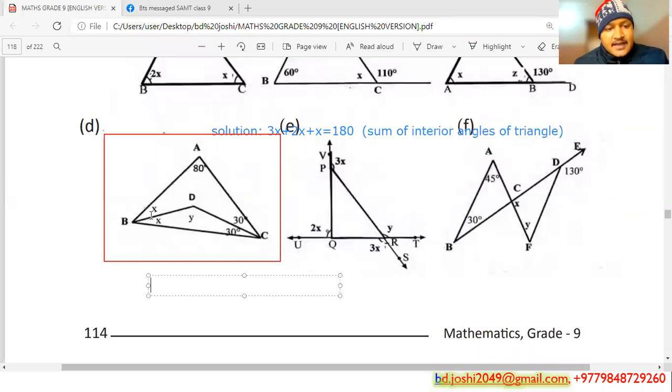Yes, sir. That means these x and x are one angle, 80 is another angle, and 30 plus 30 is another angle. So we have to write 80 plus x plus x plus 30 plus 30.